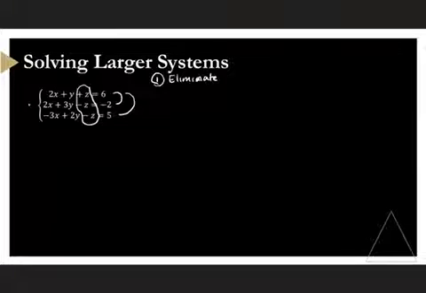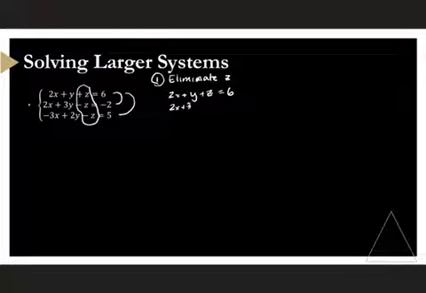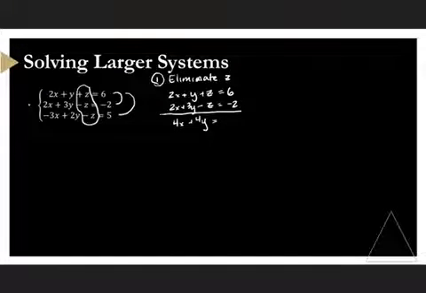So 2x plus y plus z equals 6, 2x plus 3y minus z equals negative 2. So 2x plus 2x is 4x, y plus 3y is 4y. Our z's cancel. 6 minus 2 is a 4.